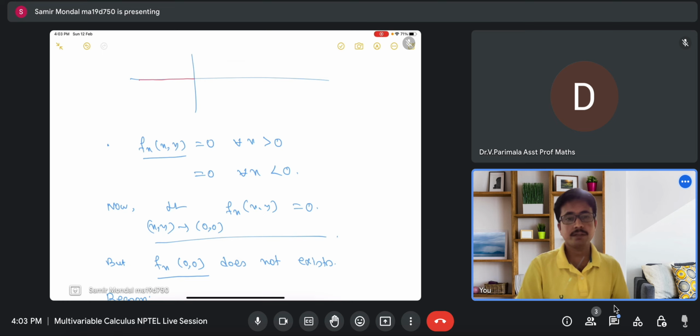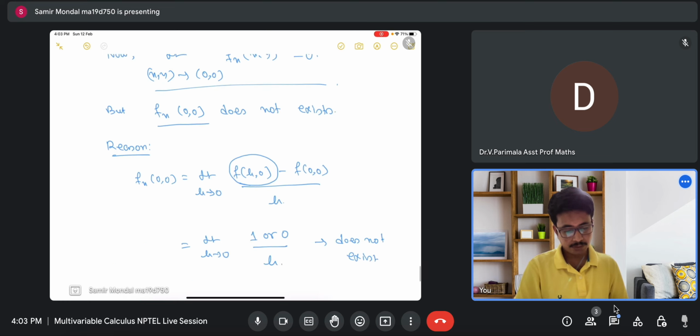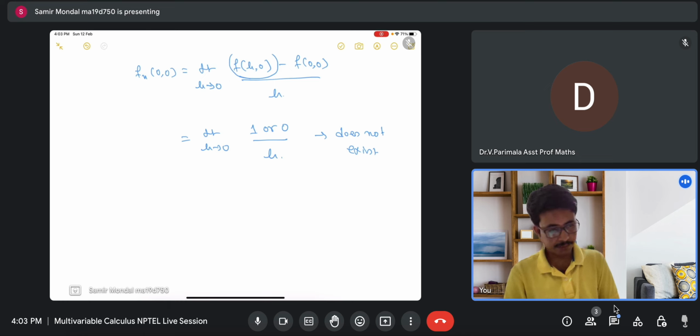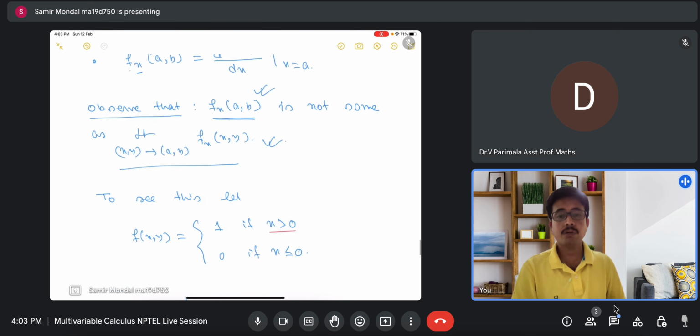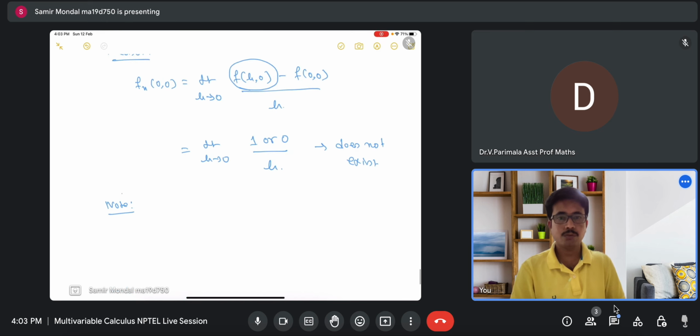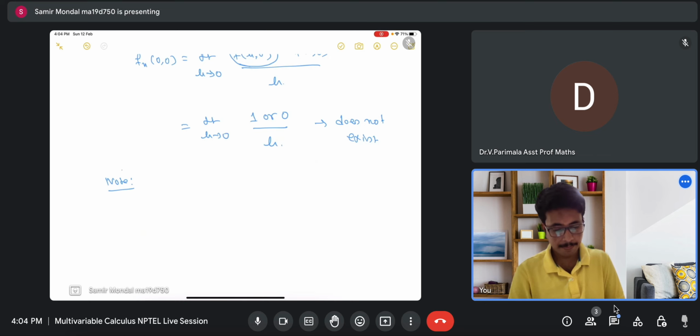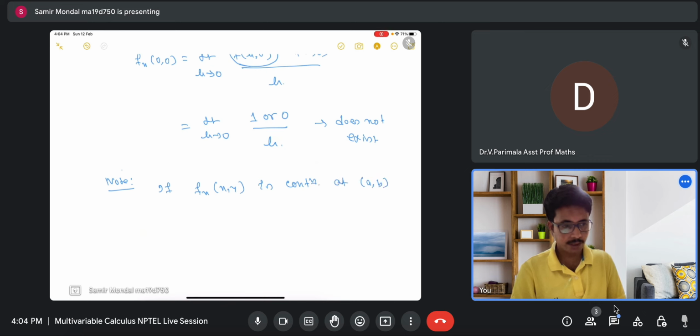For that reason we are getting this lack. So one note is like that. What is the note? This example shows that these two quantities are not equal. So when will these quantities be equal? If f of x, y is continuous at the point (a, b), then these two quantities are equal.